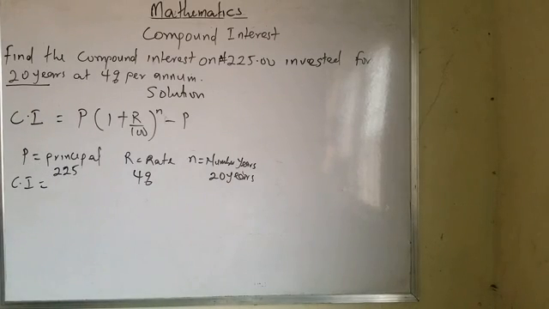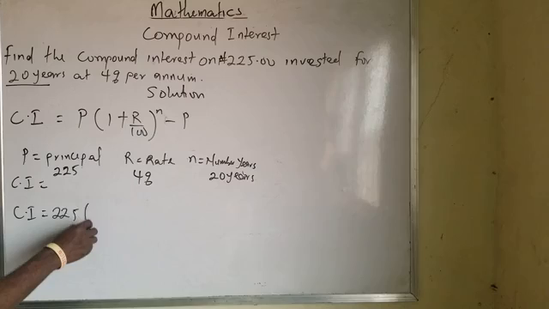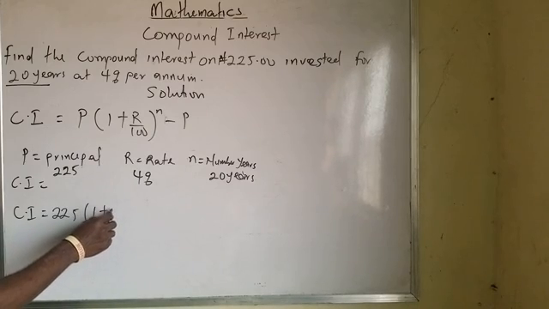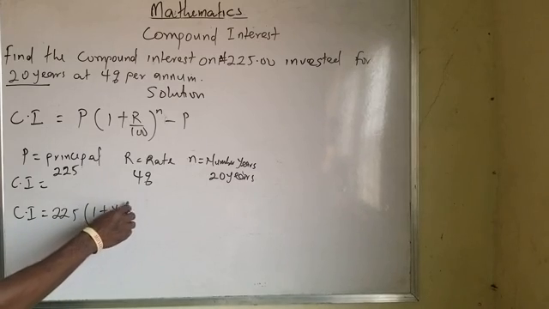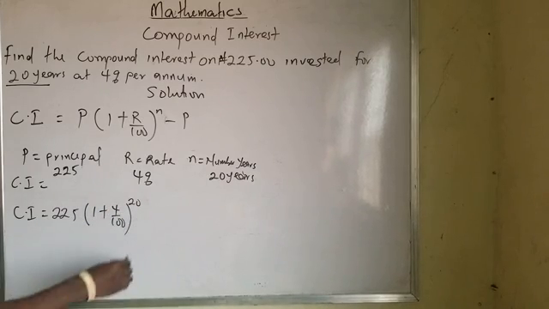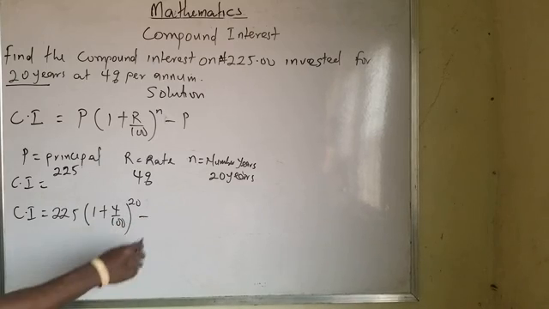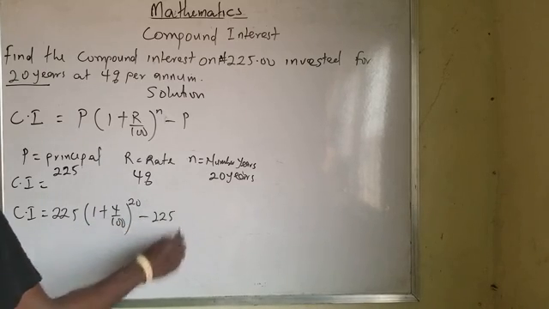Now, what I will just need to do: my compound interest will be equal to 225 times (1 plus 4 over 100) to the power 20, minus 225.